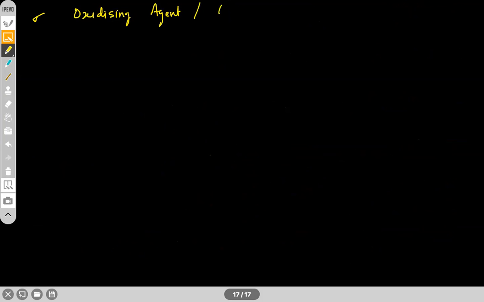Oxidizing agent, we also call it as oxidant. Oxidizing agent or oxidant are the same thing. These are the compounds which oxidizes others and get reduced.